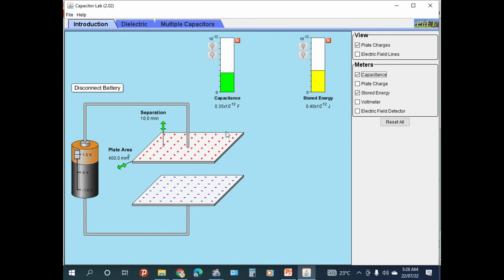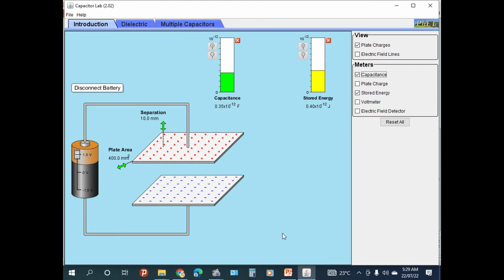Farad. So here, what is the stored energy? 1 over 2 times C times V square.